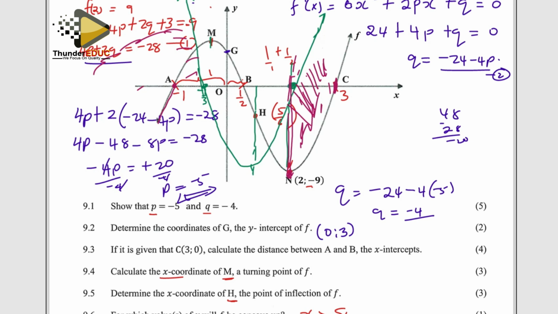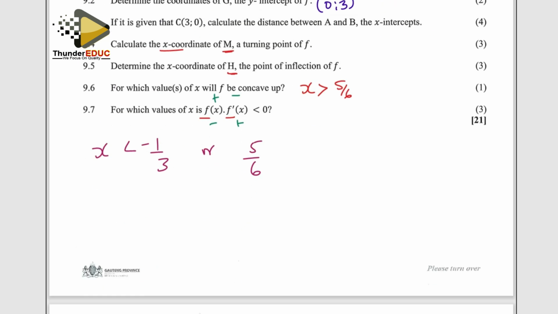So I'm going to use this 2, not 5/6, 2 and 3. Between 2 and 3. Not 5/6. So it's 2 less than x and then less than 3. So that's what we had to do.